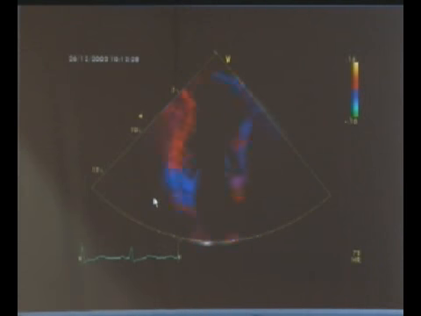Concentrate on the apex. It remains bulged out all the time. And the ECG feature of an aneurysm is ST elevation persists.